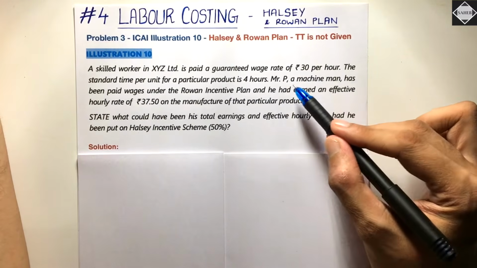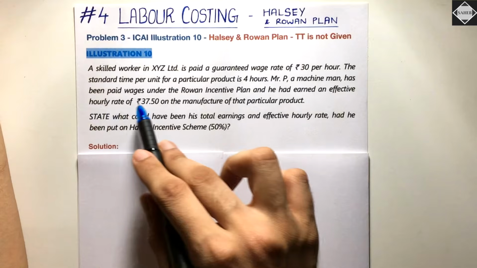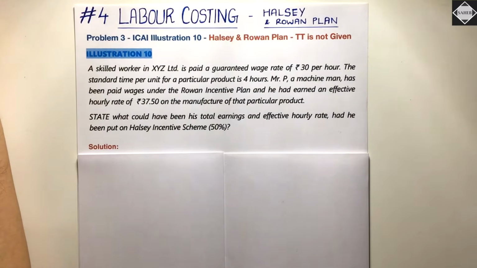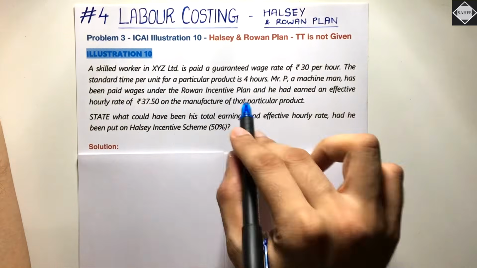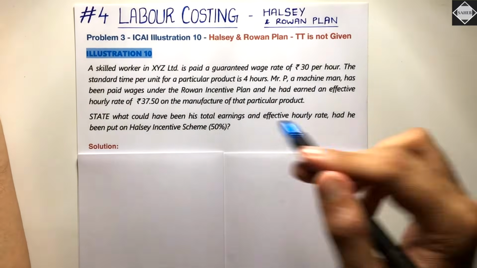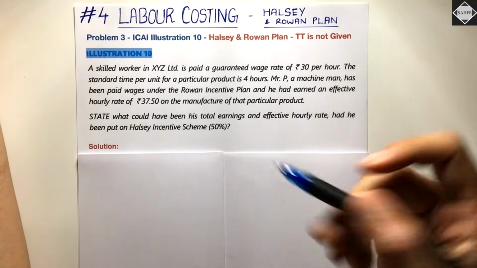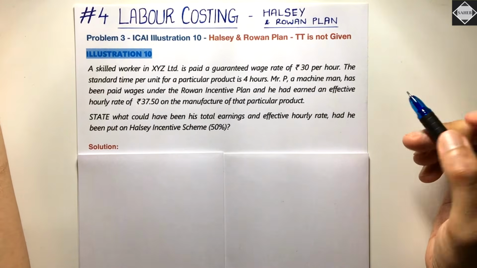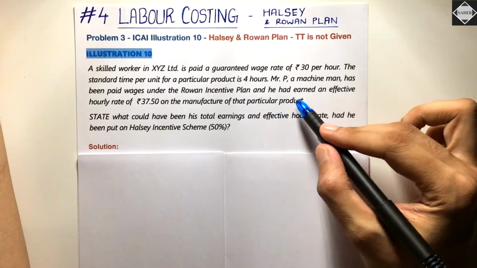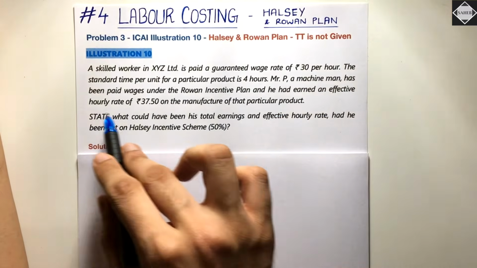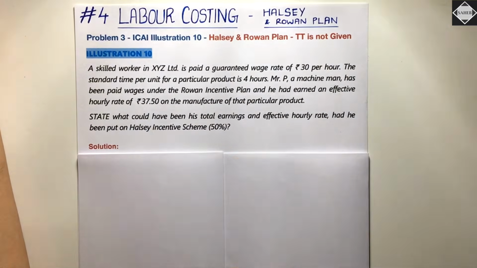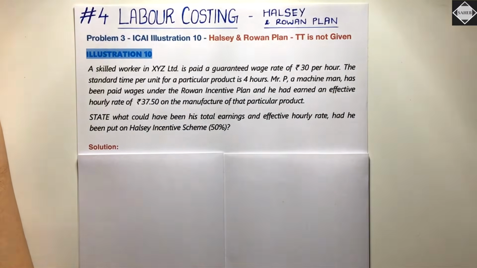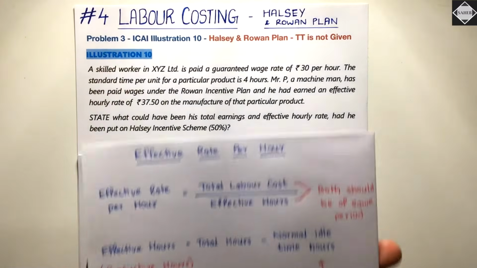And then Mr. P, a machine man, has been paid wages under the Rowan incentive plan. So now you can understand this Mr. P is under Rowan incentive plan. Okay. So if we want to calculate anything, then this formula we have to use, because that is the plan they are using. And he had earned an effective hourly rate of 37.50. You see this? They have given you the effective hourly rate. What is that effective hourly rate? This only.